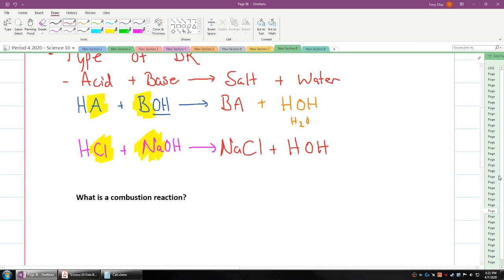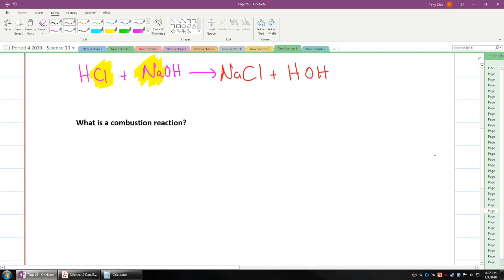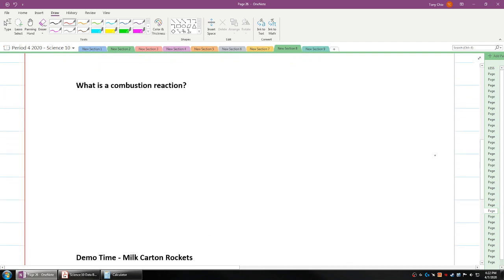Now our last type of reaction is going to be what we call a combustion reaction. Now a combustion reaction is actually one of the easiest types of reaction to predict. Now what is a combustion reaction?